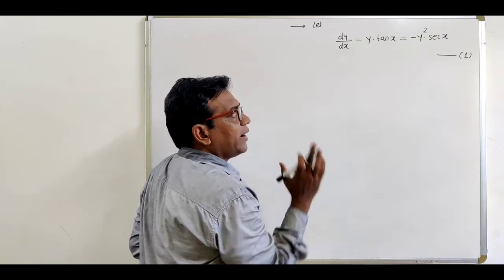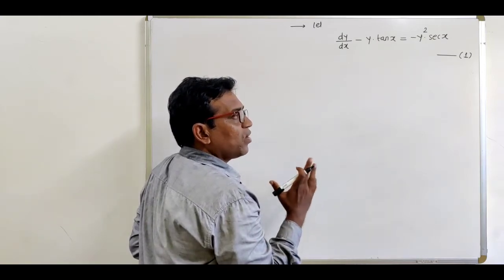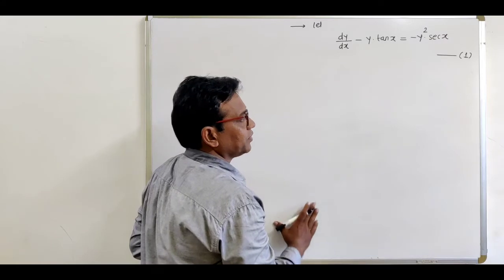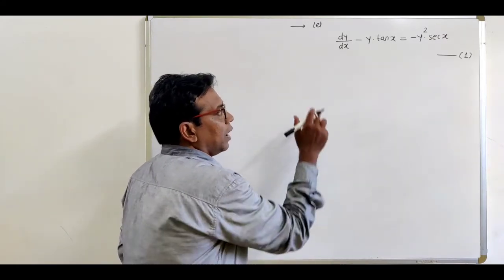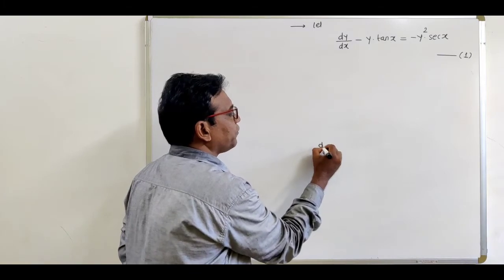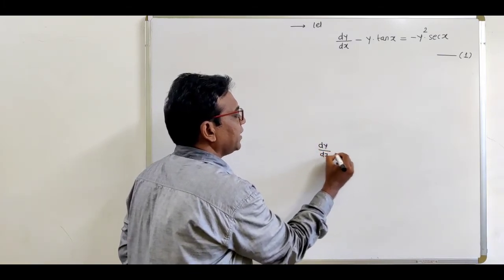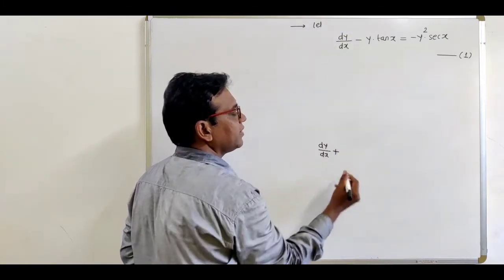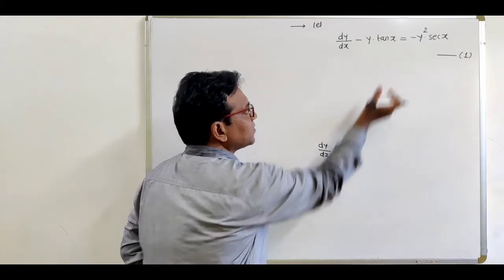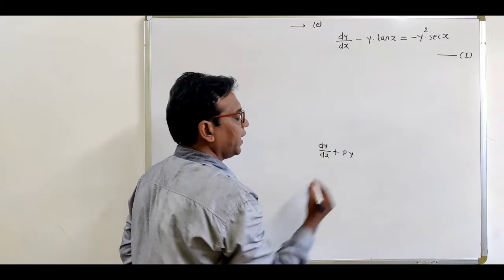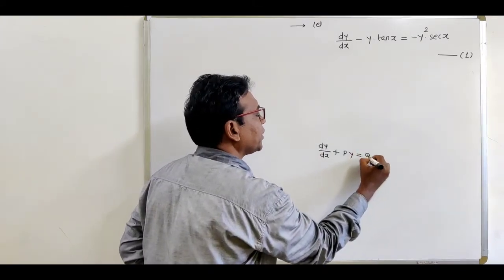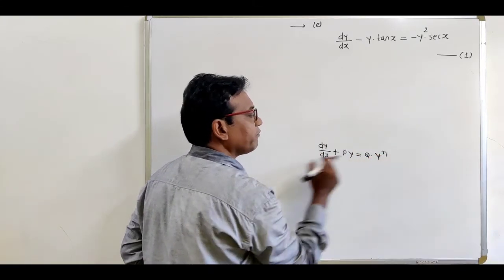Now see how to identify the Bernoulli's differential equation. This is the definition: a differential equation of the form dy by dx, so this is our dy by dx, plus p into y, where p is a function of x, is equal to q into a term of y.